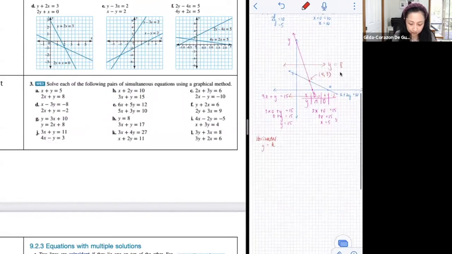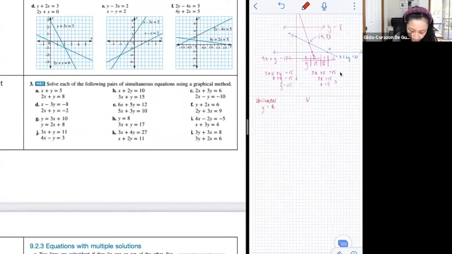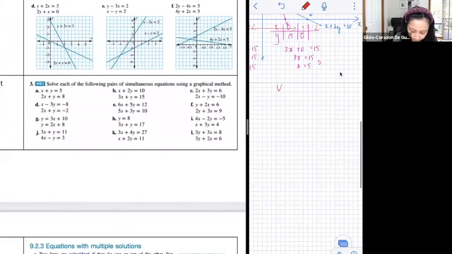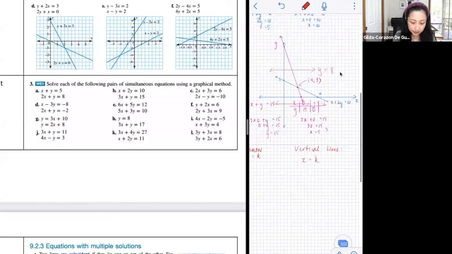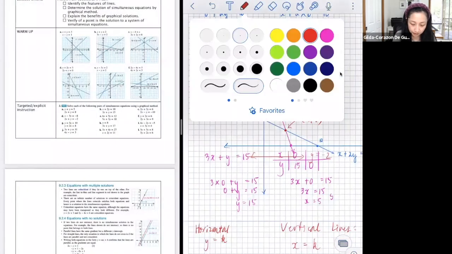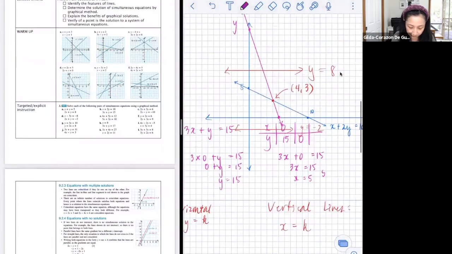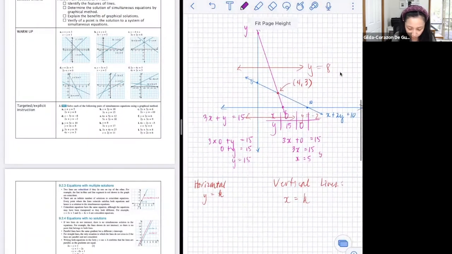Now, if it's a vertical line, you would have the equation x equals a constant, okay? What does it look like? It would be a vertical line.